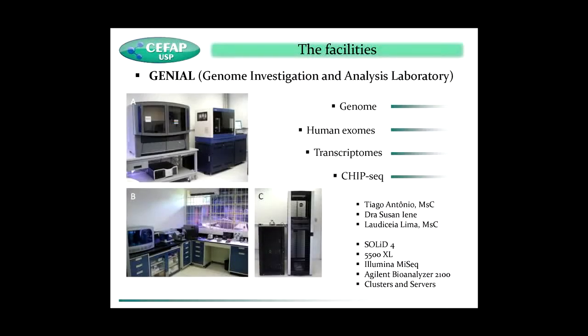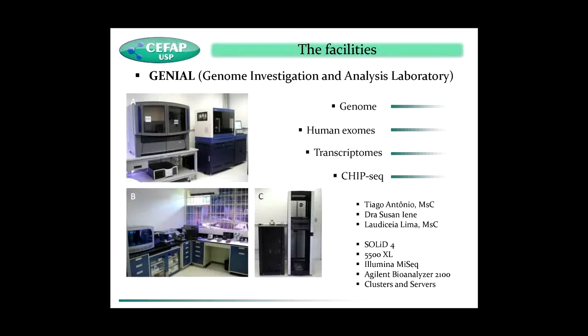And finally, we also have our next generation sequencing facility. It's run by Tiago, Souza, and Laudicea. They started, as I said, from zero. They were the first research assistants hired by us, so they helped us build the facility.